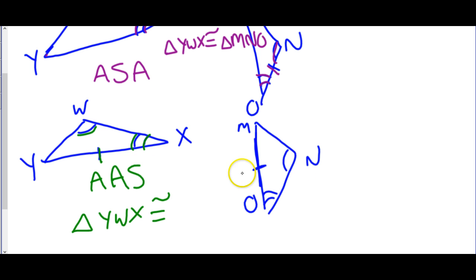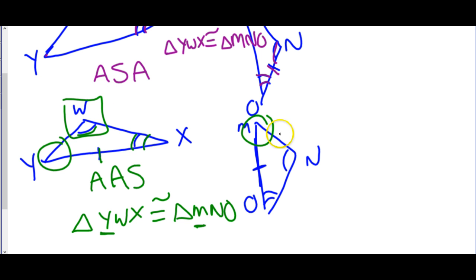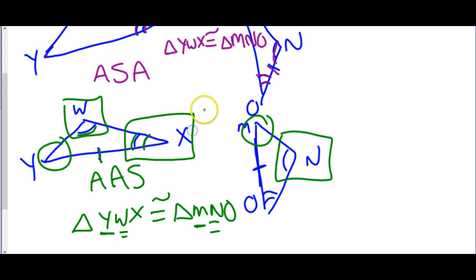So that means the second triangle still goes in the same order, MNO. Because Y had no angle markings, so it matches with M. W had one angle marking, so it matches with N. And X had two angle markings, so it matches with O that also had two angle markings.